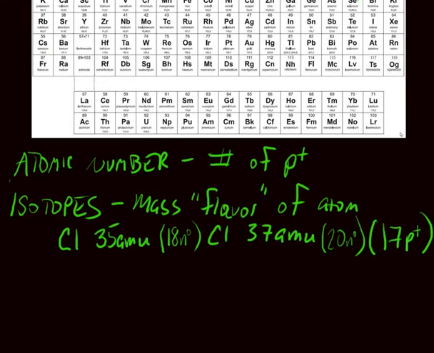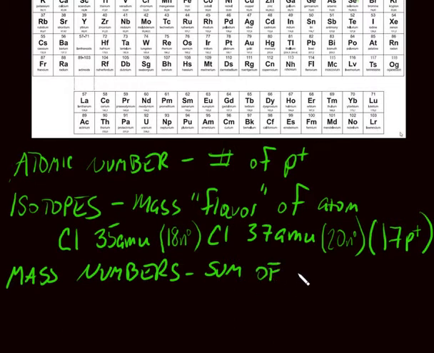And that's what I just introduced, mass numbers. It's a sum of protons and neutrons. So we designate the different isotopes by their mass number.